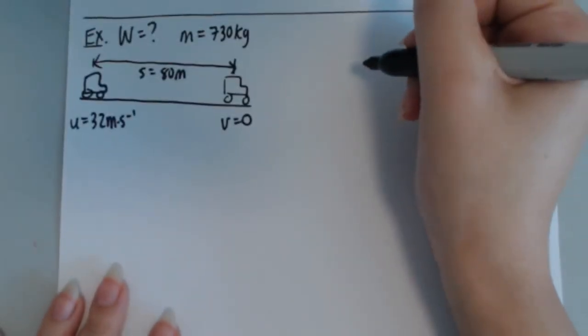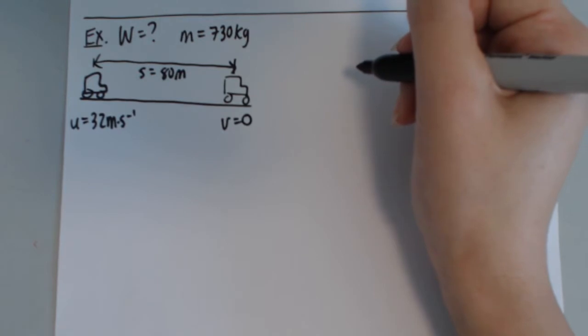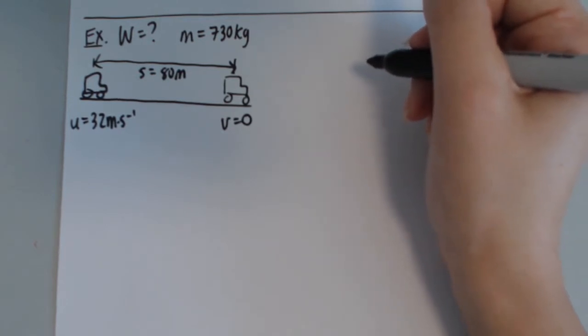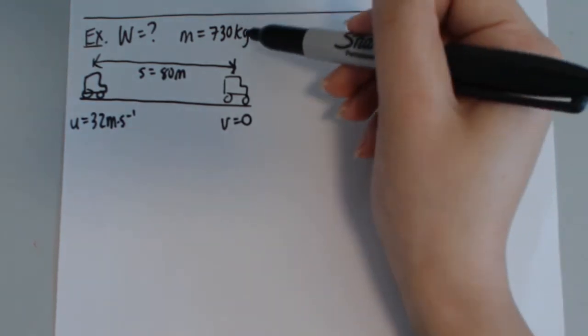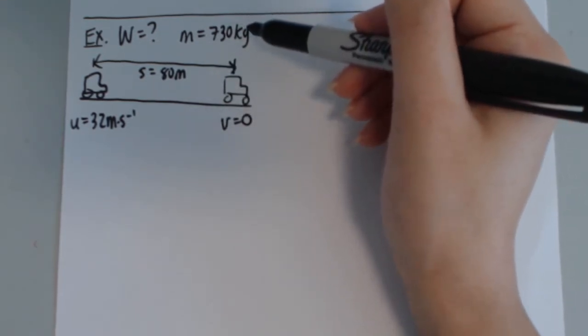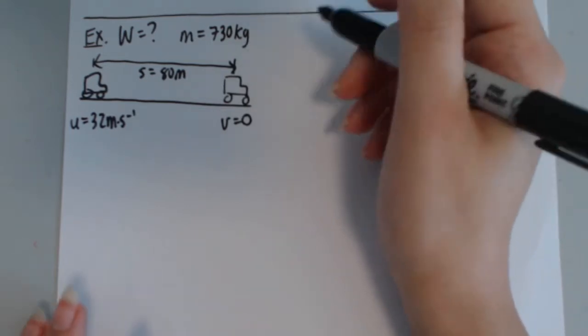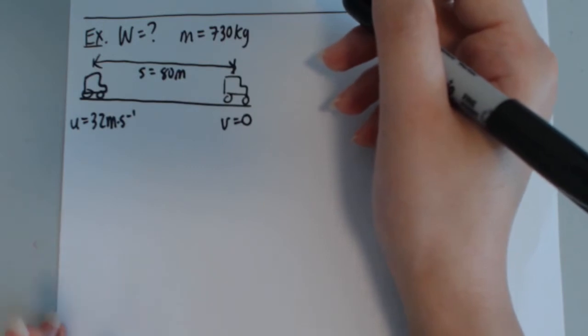If you remember, we did a problem in an earlier video where there was an airplane that was 1,000 kilograms, and I said that's pretty light because there's a lot of cars that weigh 1,000 kilograms, and now you can see that makes sense. Just a smart car weighs 730 kilograms, so just a regular car will easily weigh 1,000 kilograms. Okay, find the work done by the brakes.